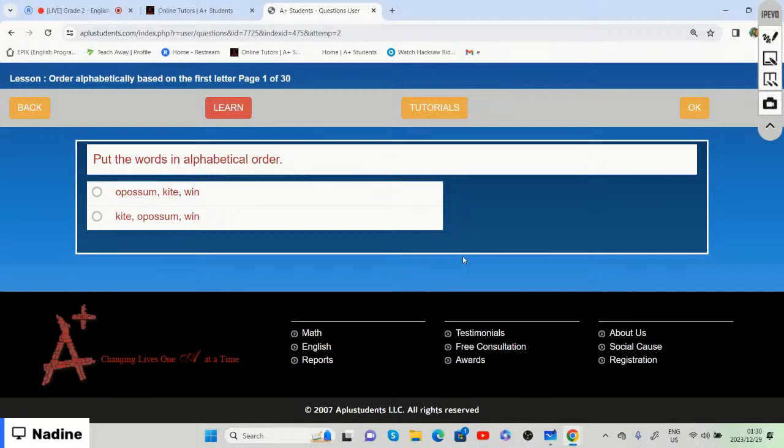We have opossum, kite, and win. Or do we have kite, opossum, and then win? Alphabetically, which one do we think is in the correct order? Option 1 or option 2?